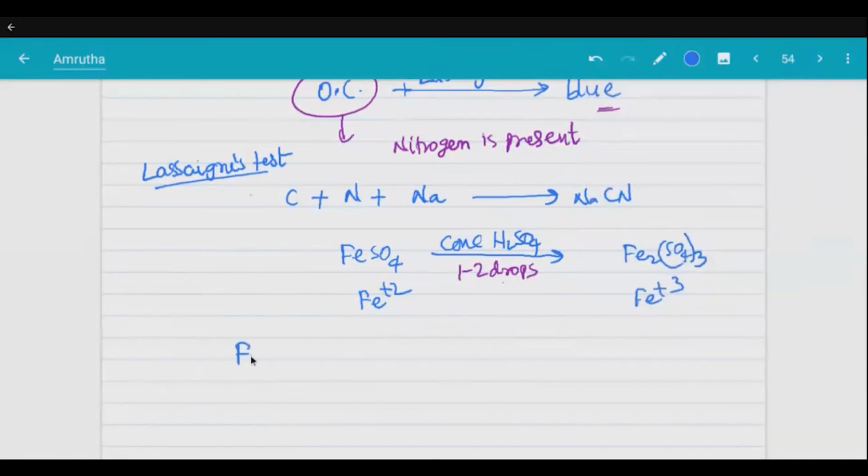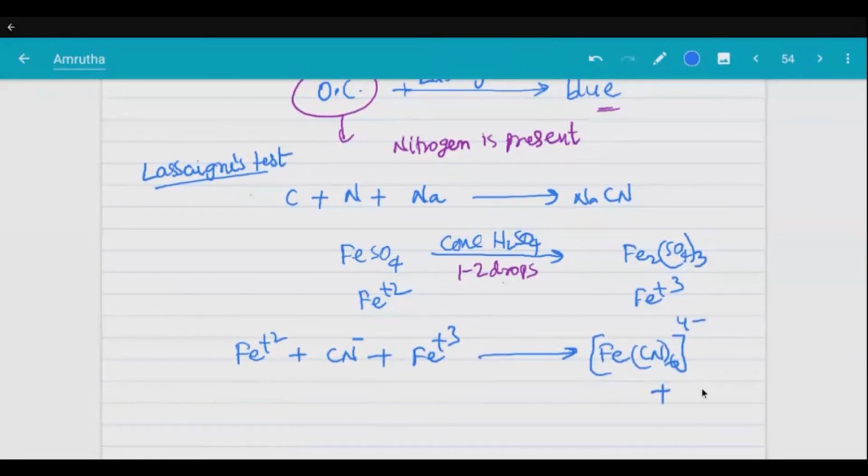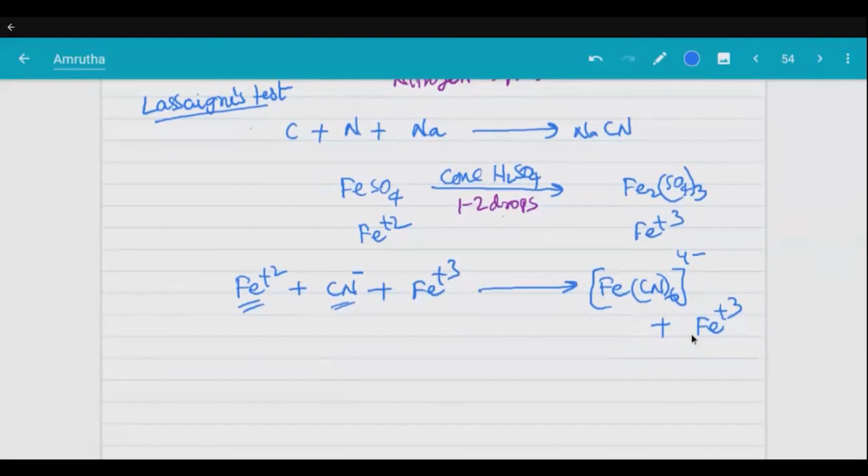So now what will happen? We have iron plus 2, CN minus, and iron plus 3. This will form a mixture. The iron plus 2 forms a coordination complex, Fe(CN)6 4 minus. Now these two combine and give a beautiful, intense blue color.